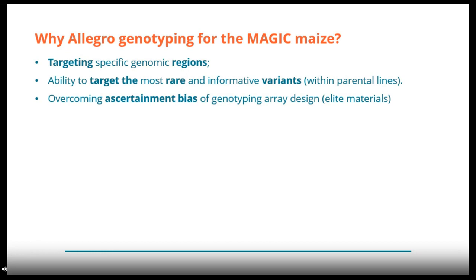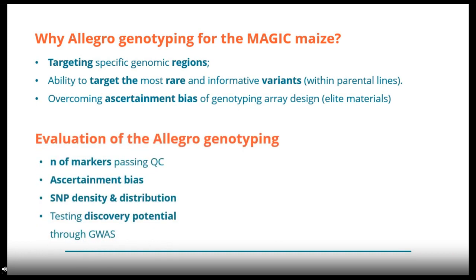Of course, this requires preliminary information, like whole genome sequencing of the founder lines of your population. Like this, you might be able to overcome the biases due to some array designs, as Davide was mentioning before.